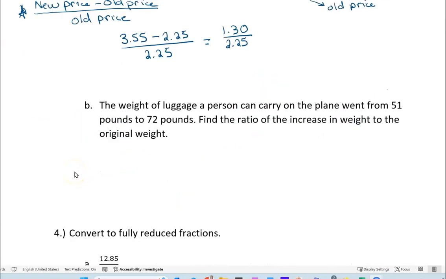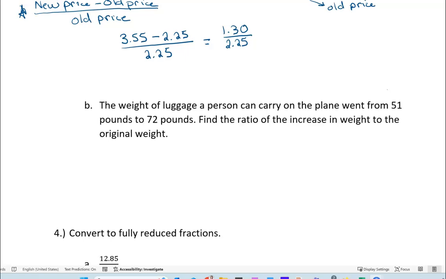Okay, so for this next one, we have the weight of luggage a person can carry on the plane went from 51 pounds to 72 pounds. Find the ratio of the increase in weight to the original weight. This problem is the same type as the previous one. We're starting at a weight, we're moving to another weight, and we are finding the ratio between that change and the original.